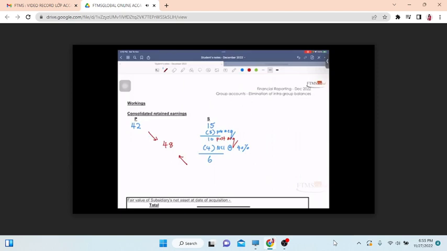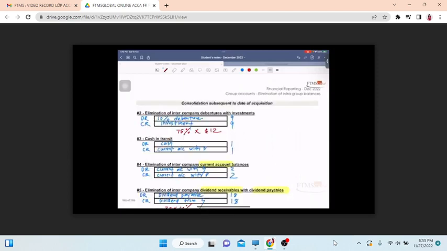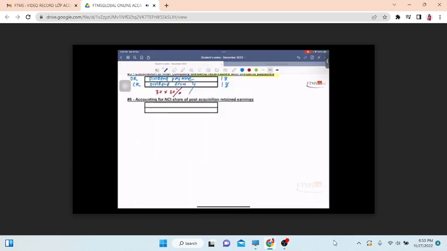Of course, if you want, you can write the double entry for the 4. Debit RE and credit NCI.